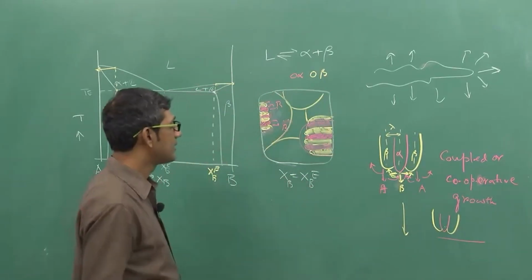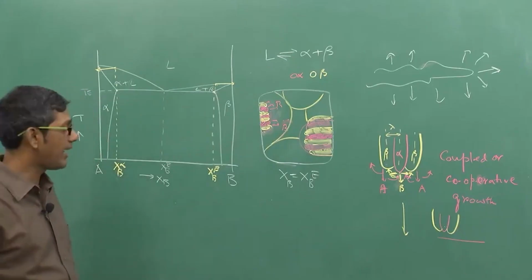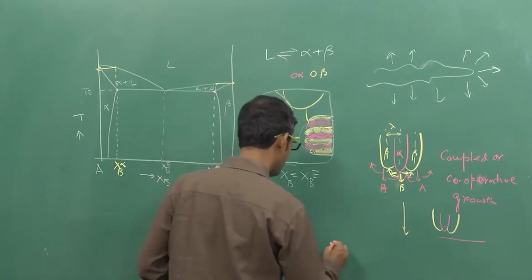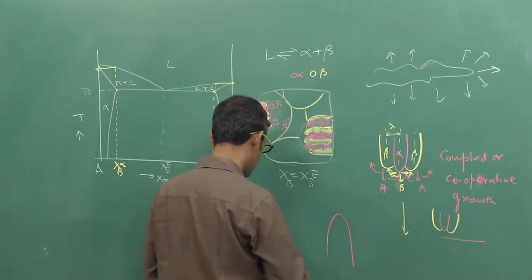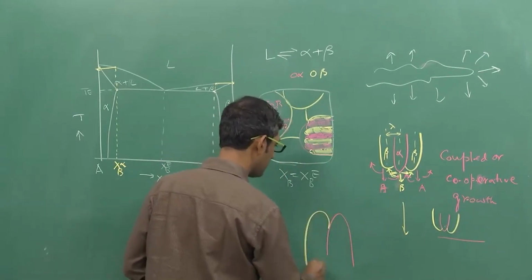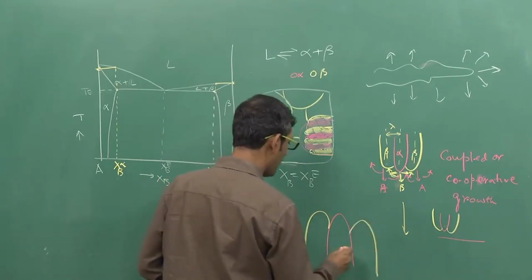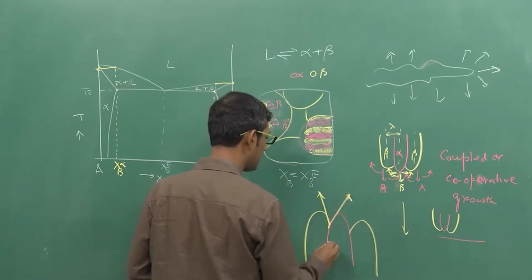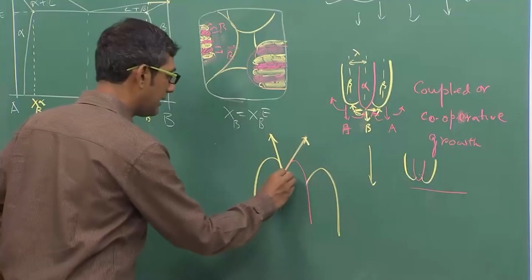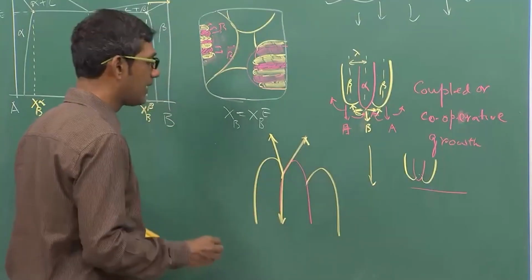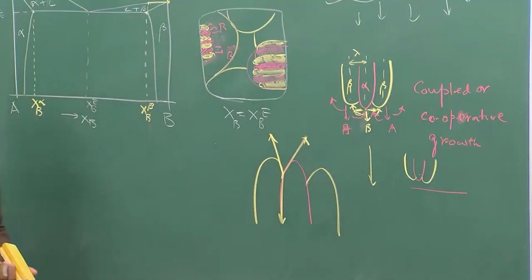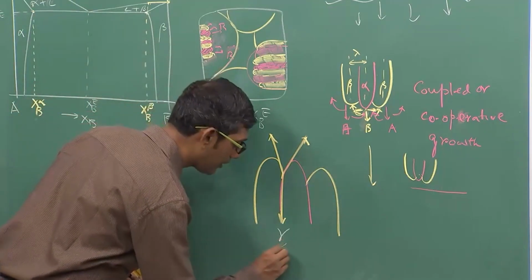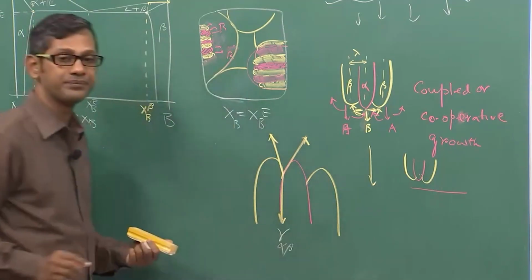Okay. The second important thing is that at the interface, if I draw it again the other way, vertically, at the contact point here, if I draw the interfacial energies the way we have shown earlier, this is the interfacial energy of alpha beta.